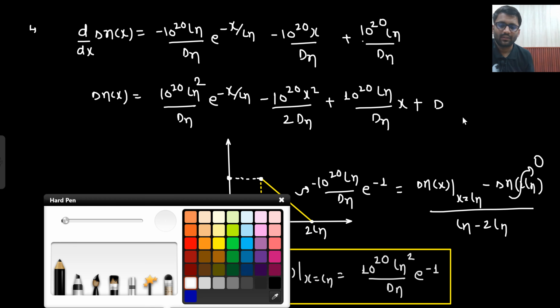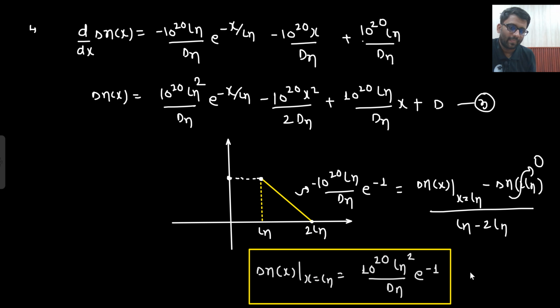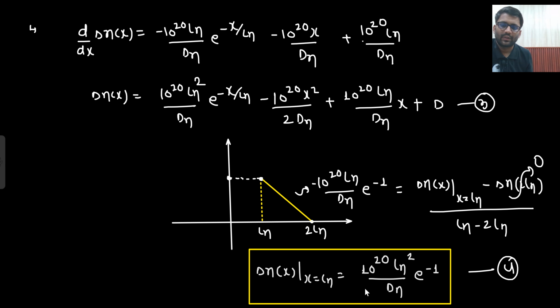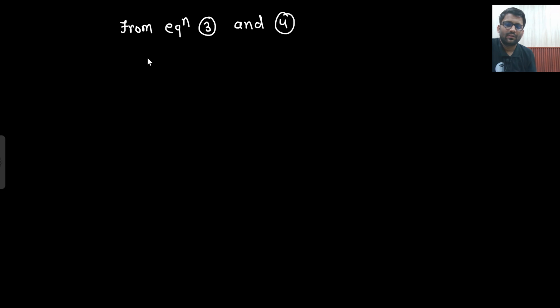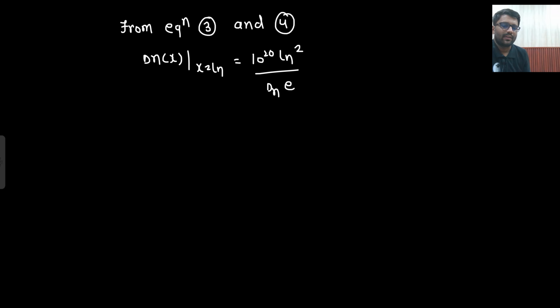So let's call it equation 3 and let's call it equation 4. So from equation 3 and 4, what I can see is that delta nx value at x equals to ln is equivalent to 10 to the power 20 ln square by dn e to the power -1.